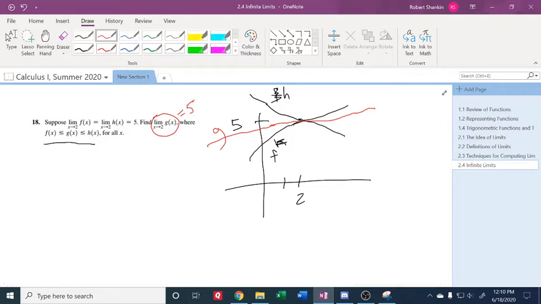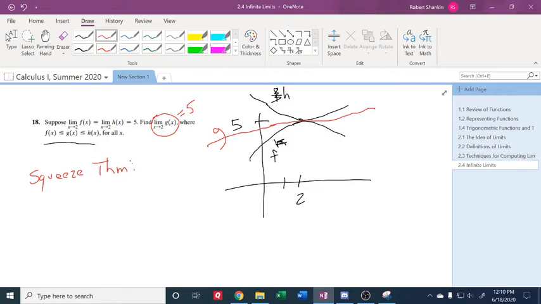In fact, this one is, there's a theorem called the squeeze theorem. And that theorem, let me point it out to you.